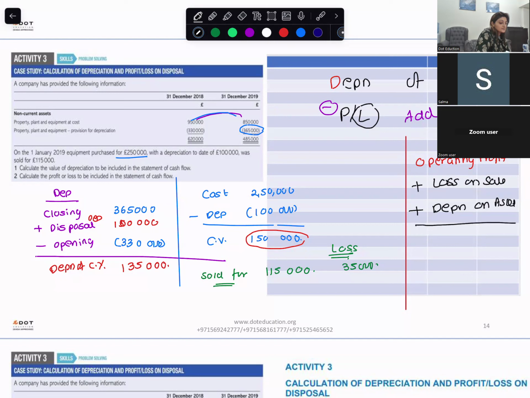Operating profit before changes in working capital. Now let's talk about the changes in the working capital. So operating cash flow before working capital changes we have already done.